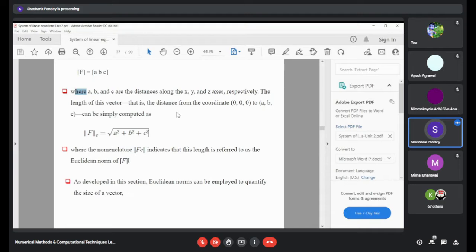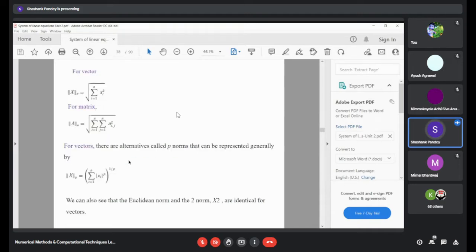We are not dealing with vectors, we are basically dealing with matrices. Here we have squared all the terms of the vector and taken the square root of that.